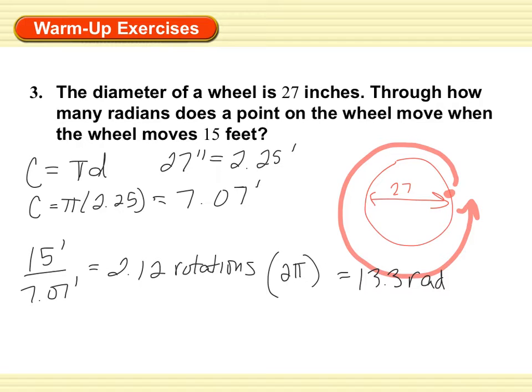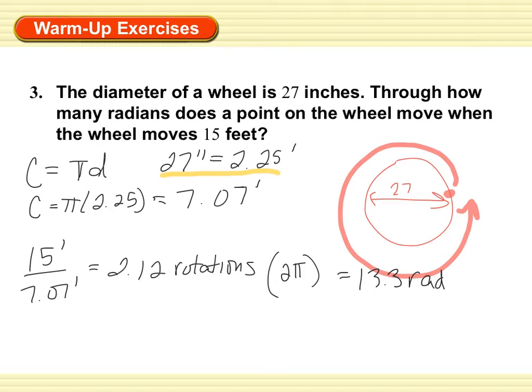So I went offline to do some of the work here. I know that 27 inches is equal to 2.25 feet. I just did 27 divided by 12. You're welcome to work along, grab your calculator and do some calculations.